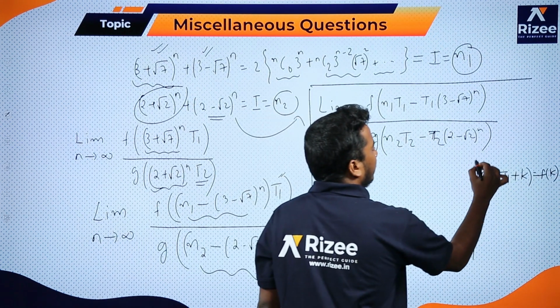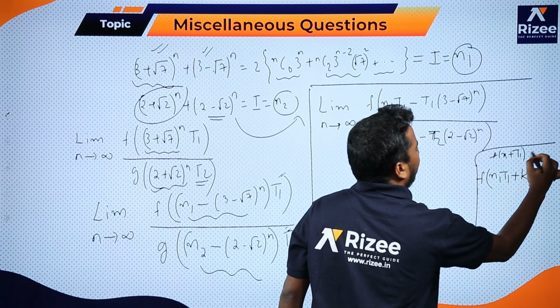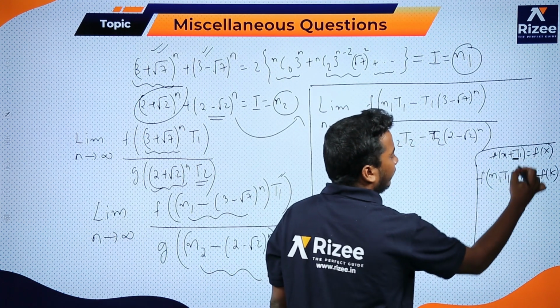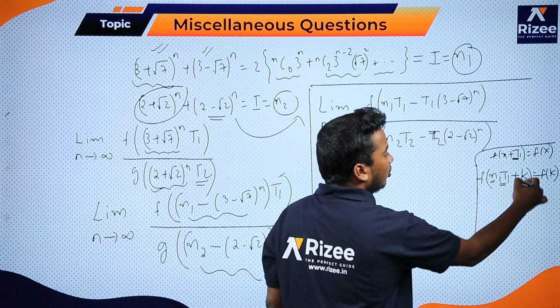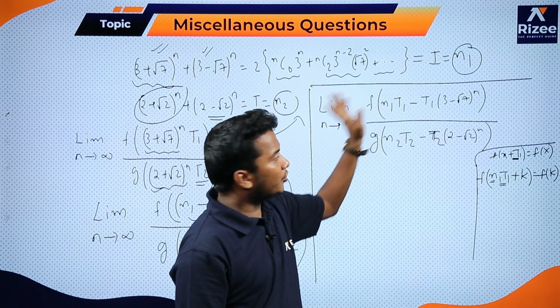What is the definition of a periodic function? f of x plus capital T1 equals f of x, right? If T1 is the period of f of x, then n1 into T1 will also be a period of f of x, because n1 is an integer which is positive.